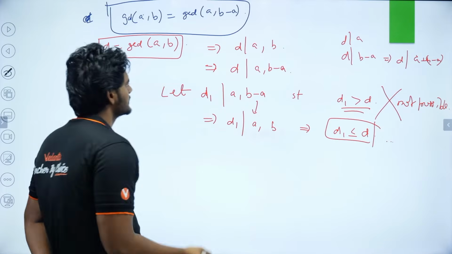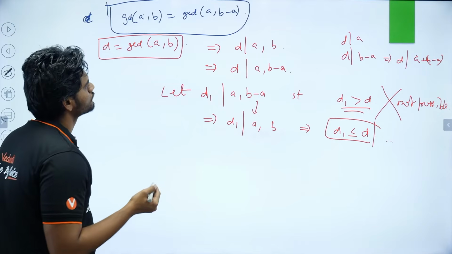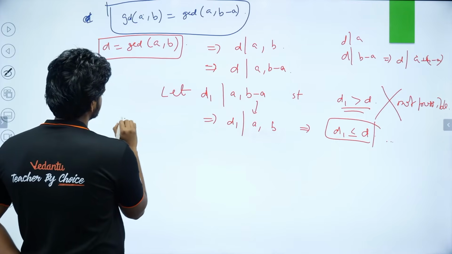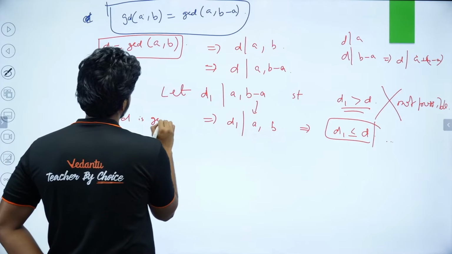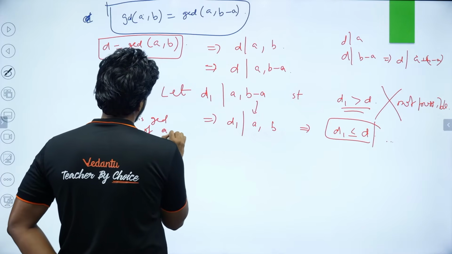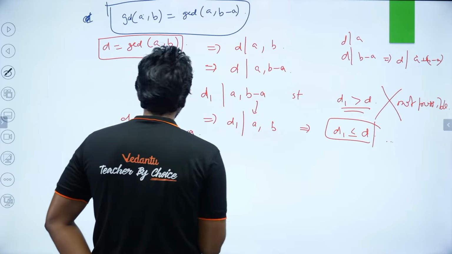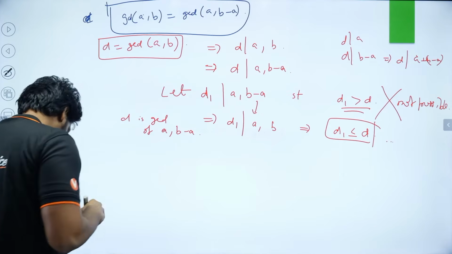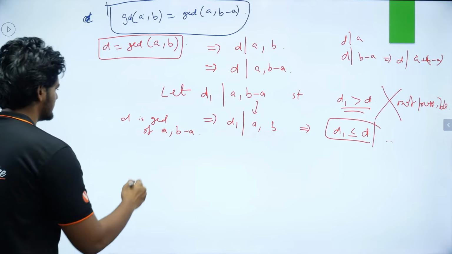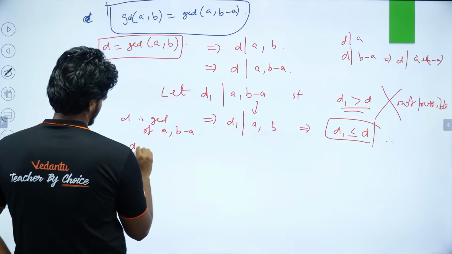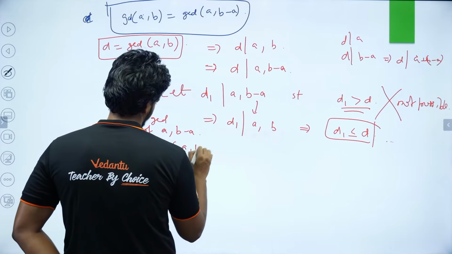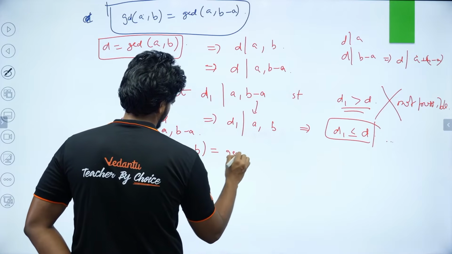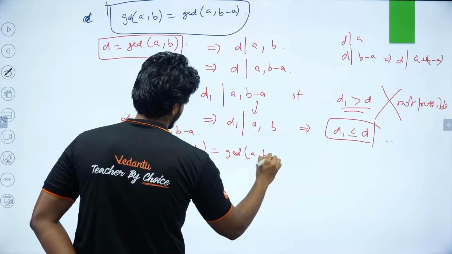Right. So, that would tell us that D is GCD of A and B minus A, and hence directly from here it follows that GCD of A comma B is equal to GCD of A comma B minus nA.